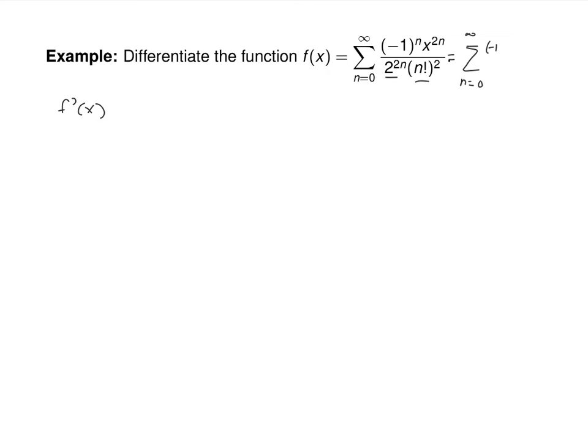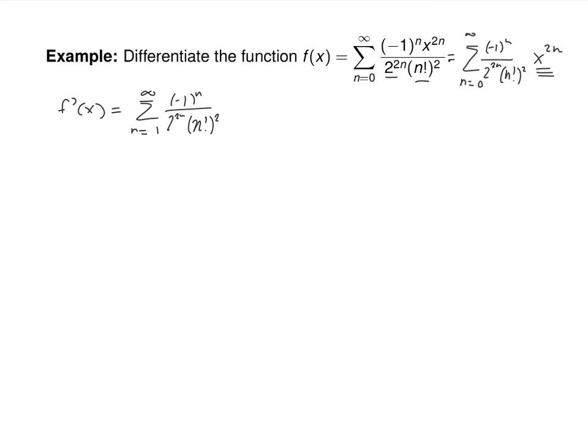So that's -1 to the n, 2 to the 2n, n factorial squared. That's all the constants. X to the 2n, that's the thing that is being differentiated. So when you take the derivative, you start your series at 1 now because your 0th term is gone. The constants get left alone, just like they do with constants for regular differentiation.